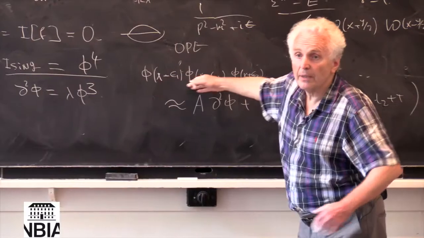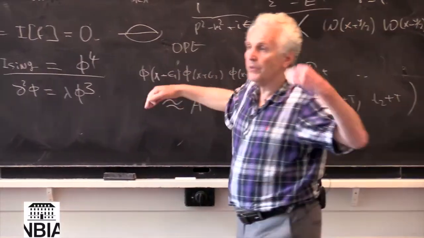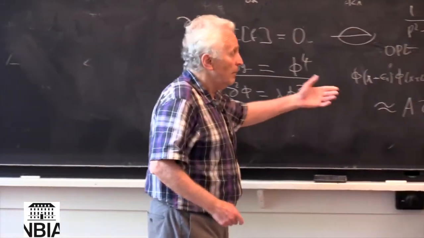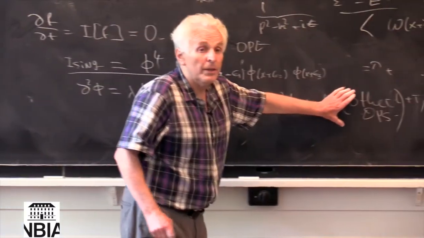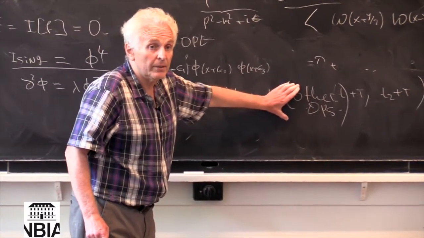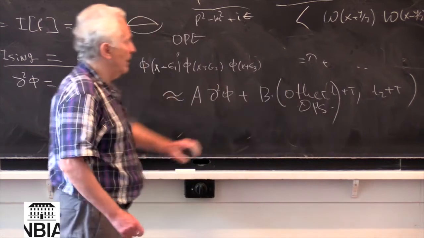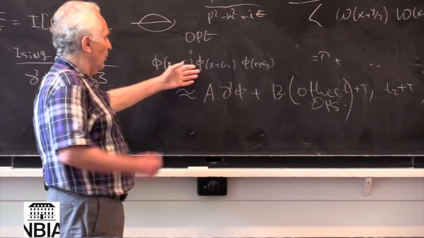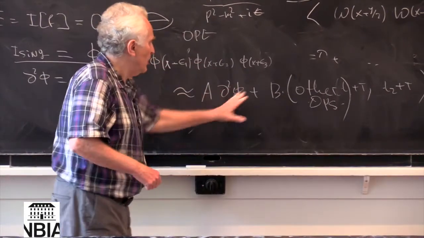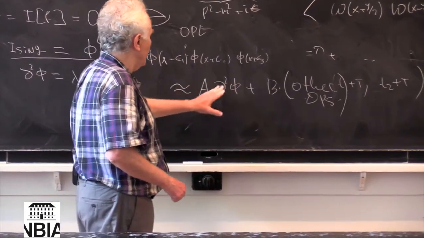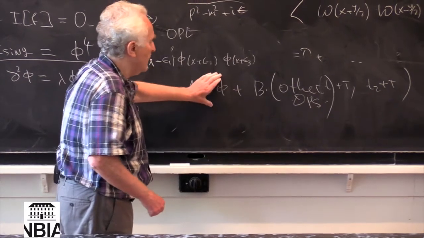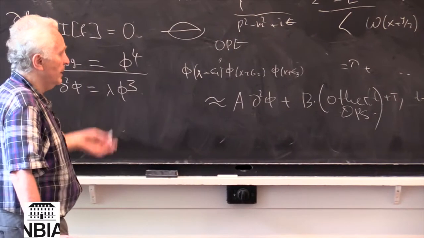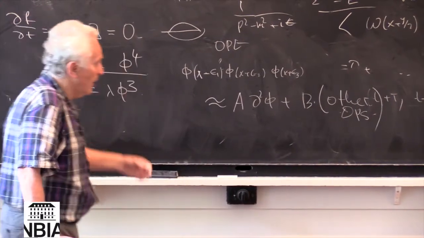That's for a general CFT. But what about the right CFT, which describes the Ising model? Very simple. It must not contain these terms. So the only CFT which does the job, the OPE of which in the leading order is just the Laplacian of phi, is the minimal model corresponding to the Ising model.